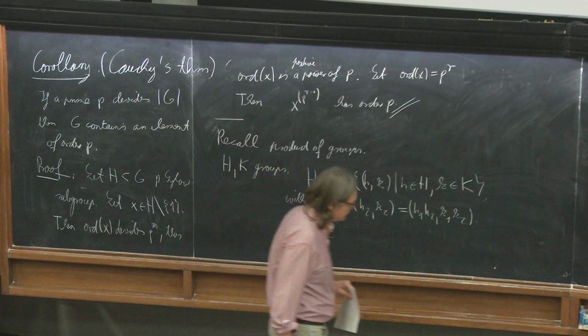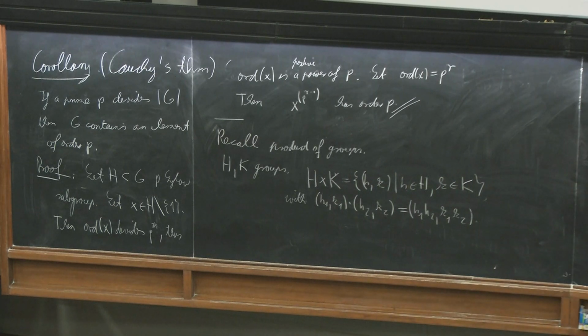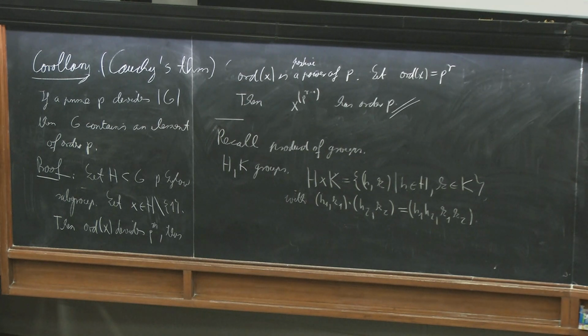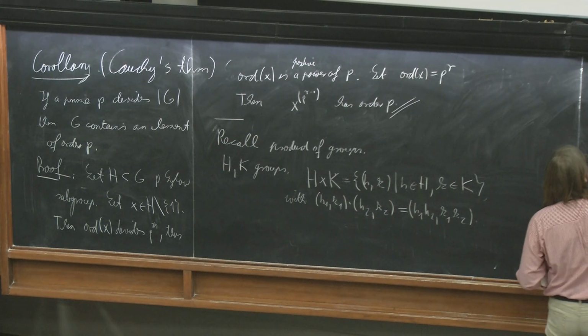Now we want to see a criterion for a group being isomorphic to a product of two subgroups. Okay, so this is the following easy proposition.